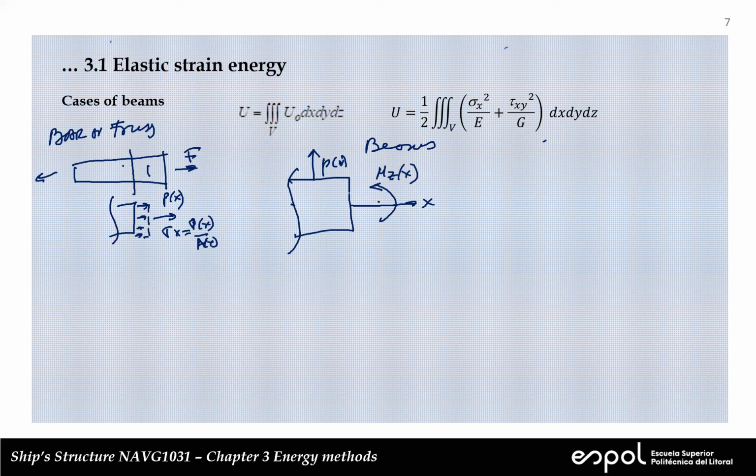Now here, you're going to have sigma x. This sigma x is the one that we're going to replace here, okay? Andres Kimi, would you please remind me, how do you evaluate sigma x in this case?